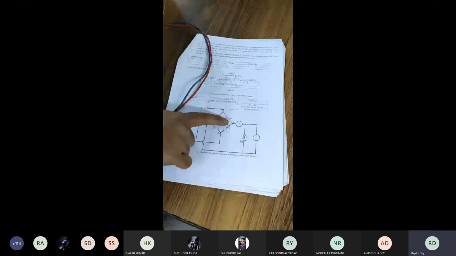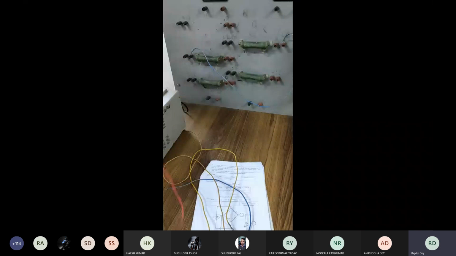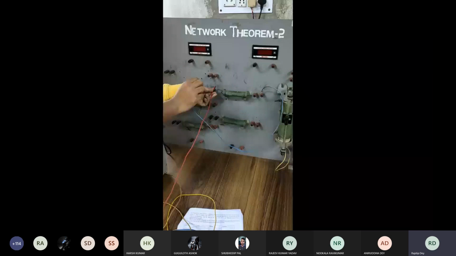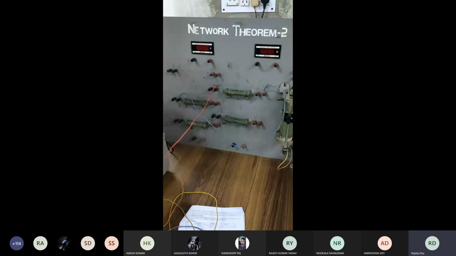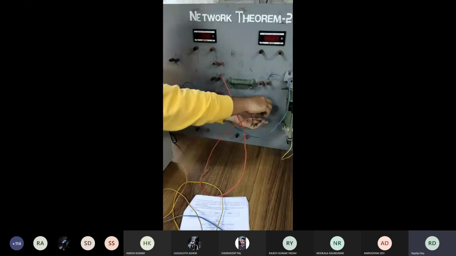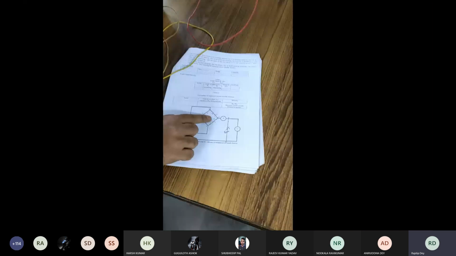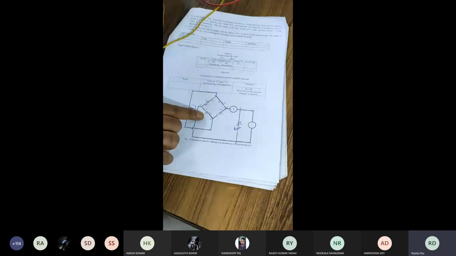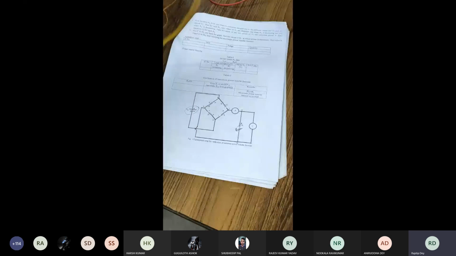Then we come here again. We can see Q negative will be connected to S positive, right? This is Q negative. So this is P, Q, R, S. So Q negative will be connected to S positive. That means this one. Now this connection is done. Now S negative will be connected to R positive, right? So this is S negative.